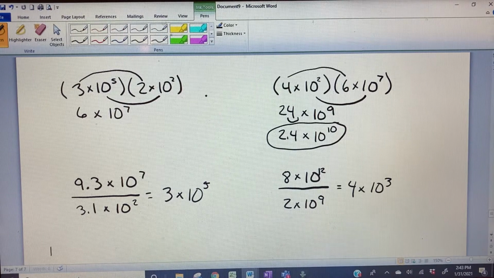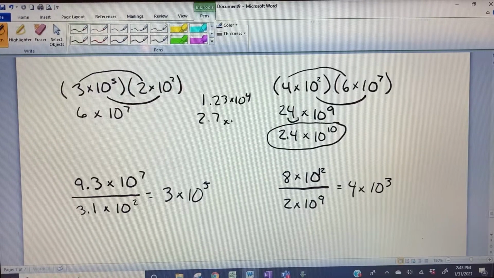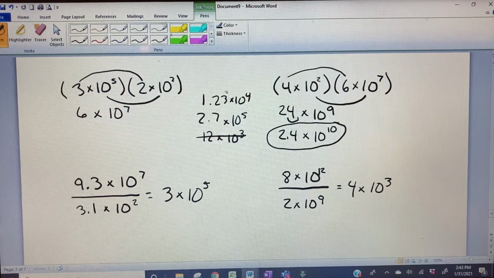For example, if they have 1.23 times 10 to the 4th, 2.7 times 10 to the 5th, and all of a sudden 12 times 10 to the 3rd, I know instantly that cannot be my answer. That 12 was not between 1 and 10, but not 10. So before I even do any math, I already know. They said scientific notation, so it's got to look like this or like this.